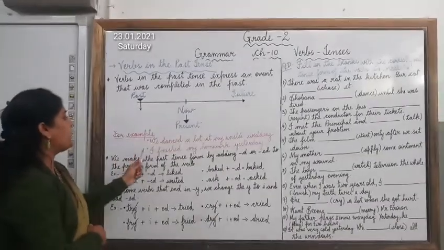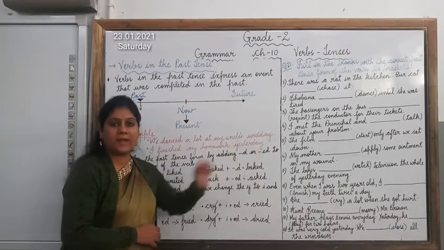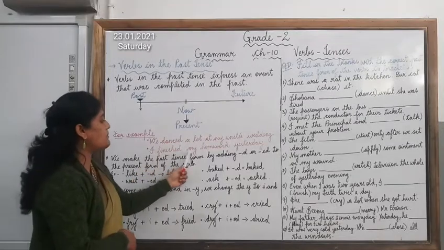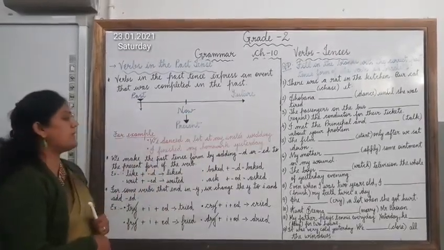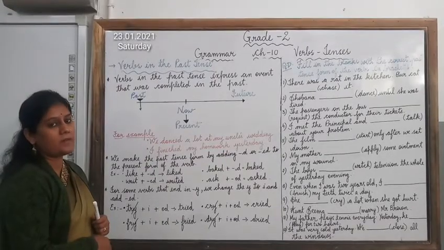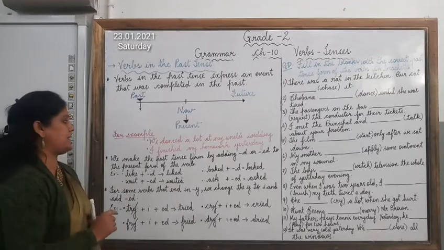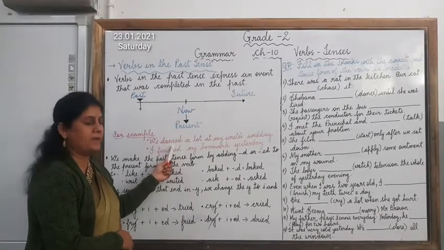For example, we danced a lot at my uncle's wedding. And the second sentence is, I finished my homework yesterday. In the first sentence we are talking about the uncle's wedding that has already taken place in the past. So here the verb dance has become danced.